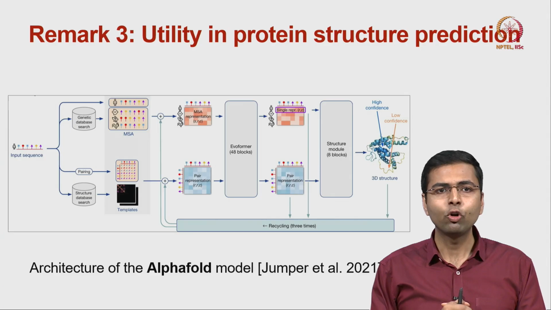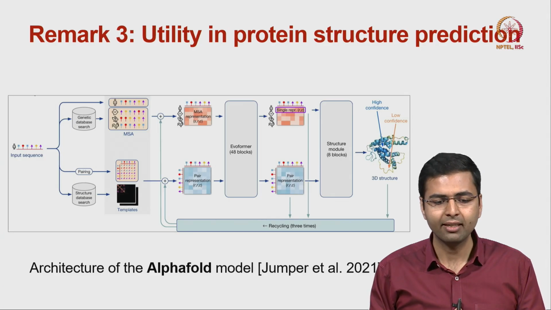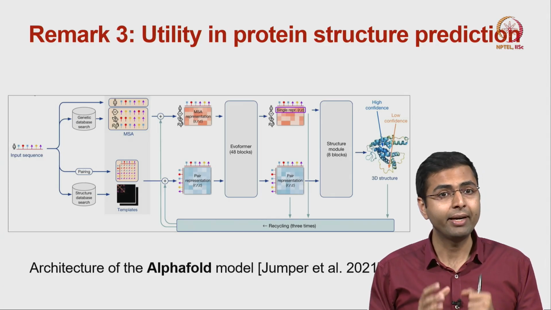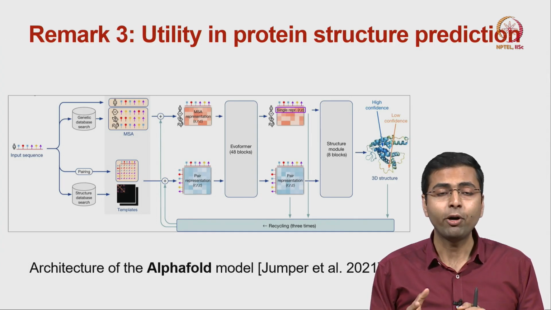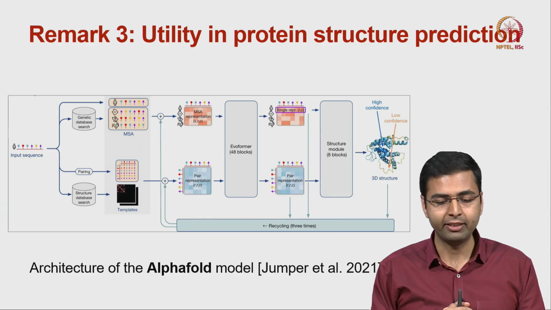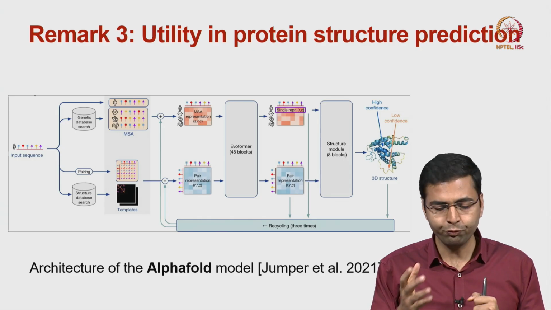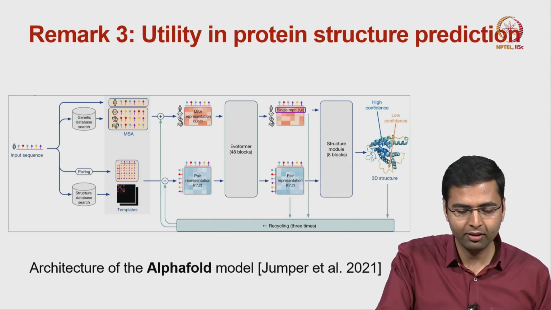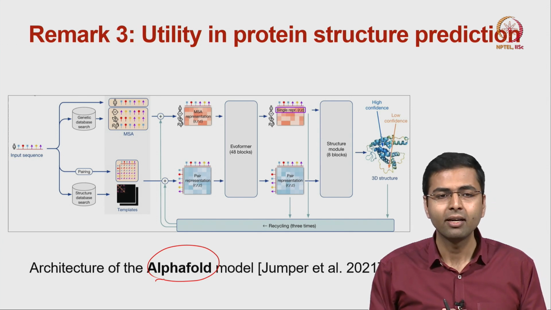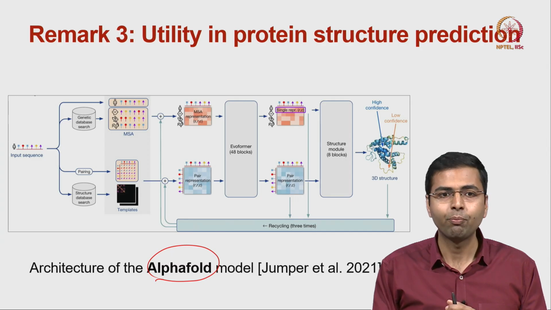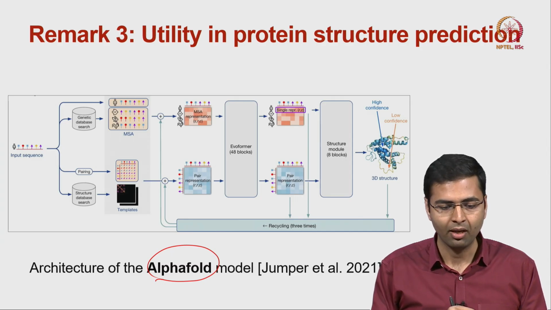The final remark I want to make before we close this lecture is that multiple sequence alignment is a fundamental concept in bioinformatics and it is used for many applications. One such important application is protein structure prediction. I assume that most of you would have heard of the AlphaFold breakthrough in the scientific community, where extremely good results were achieved for the protein structure prediction problem.